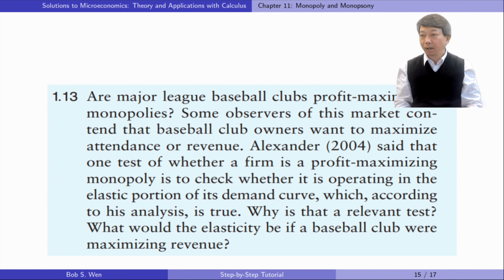Let's solve exercise 1.13. It is about the test of whether a firm is a profit-maximizing monopoly: they check whether it is operating in the elastic portion of its demand curve. Why is that a relevant test? What would the elasticity be if the baseball club were maximizing revenue?